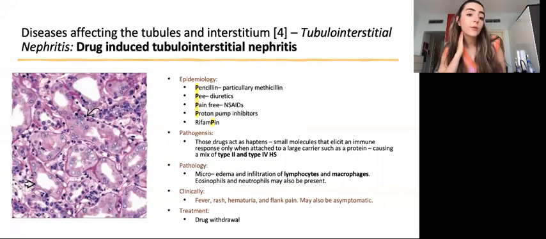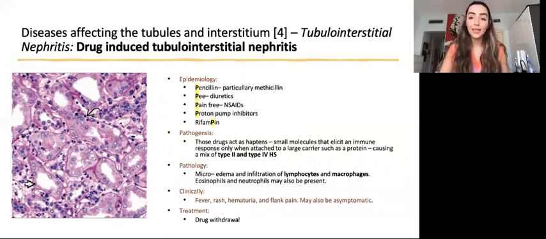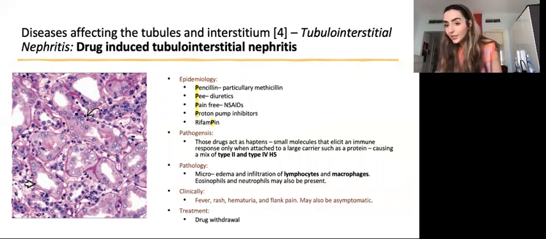Next one, we have tubulointerstitial nephritis. We have drug-induced tubulointerstitial nephritis. The epidemiology of this, to make it easy, we have the 5 Ps: penicillin, particularly methicillin, P itself, meaning diuretics (pee), pain-free, representing NSAIDs, proton pump inhibitors, and rifampin.